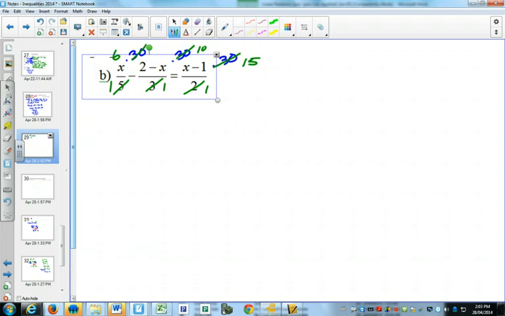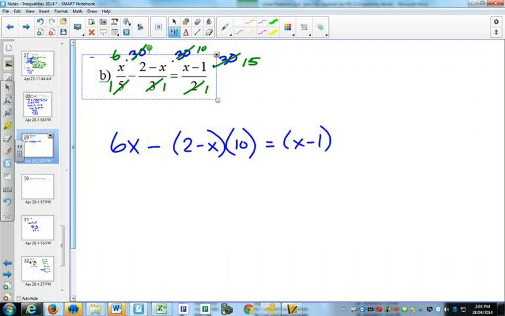Yeah? No? Okay. So now if we multiply it through, 6 times x, you'll get 6x minus, and then you have 2 minus x times 10, equals x minus 1 times 15.